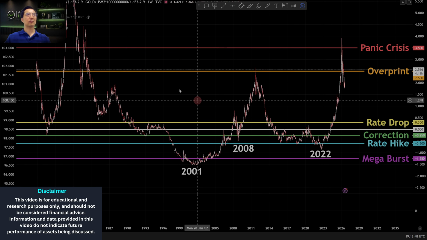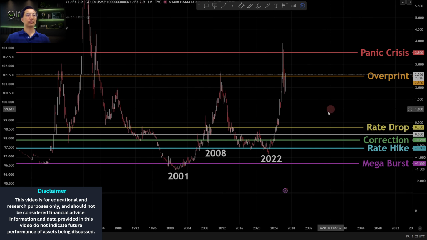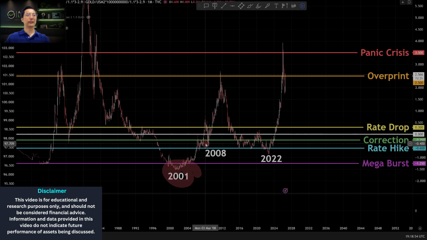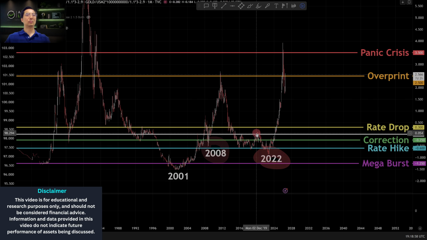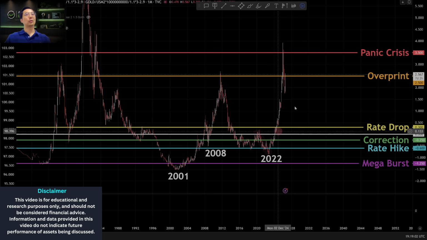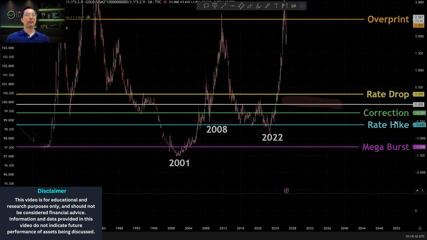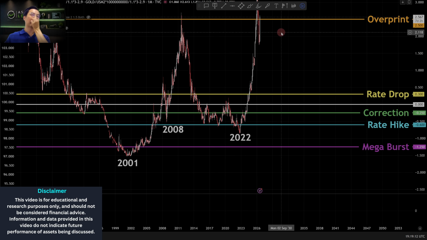So in the past, what we can see is that in the years we had a financial crisis or whatever market crisis, gold actually dropped back to a lower level below the white line over here. As of now, it's not the case.